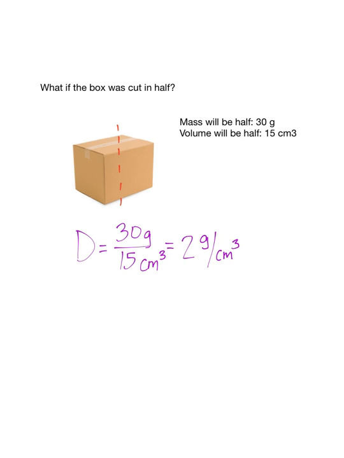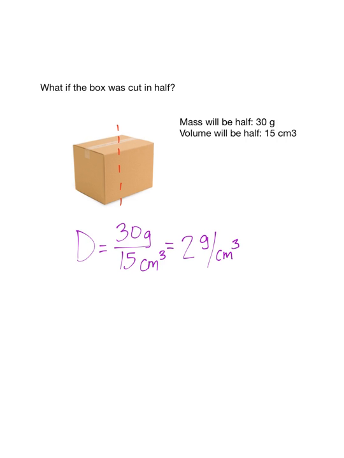Okay, so let's apply density here. What if I cut this box in half? If I cut it in half, then my mass will also be cut in half because it's going to weigh half as much. So it went from weighing 60 grams to now weighing 30 grams. And then of course my volume will also be half.